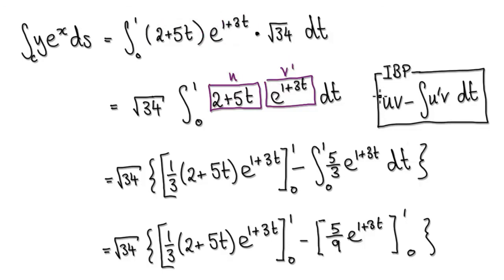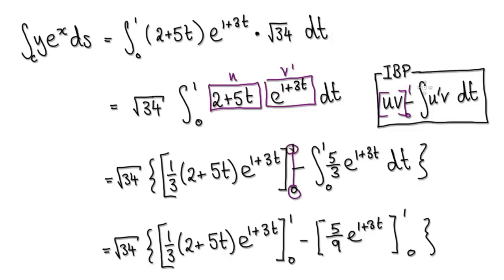So integration by parts, it would be u times v. So u stays the same. When you integrate v prime, it would be this, and then you've got to times a third, and then evaluate it from 0 to 1.